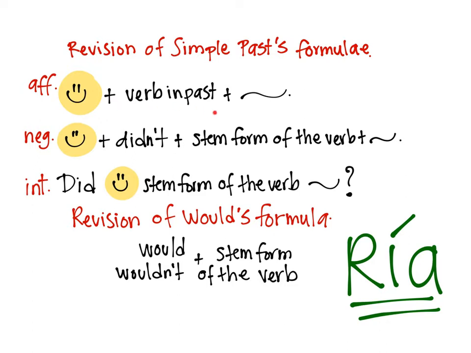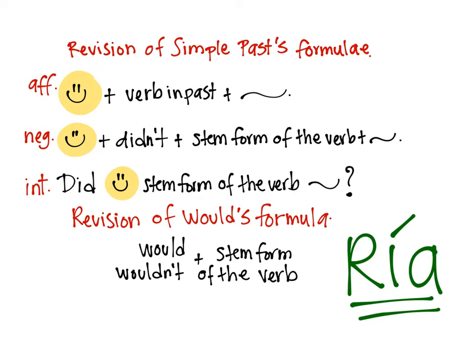So affirmative, verb in past, negative, didn't, and the normal verb. Remember, the normal verb is grammatically correct, called the stem form of the verb, which is la forma tallo del verbo. And our complement. In interrogative form, we're going to start with the auxiliary did, our subject, and then the stem form of the verb and a complement. Remember, there is an exception.